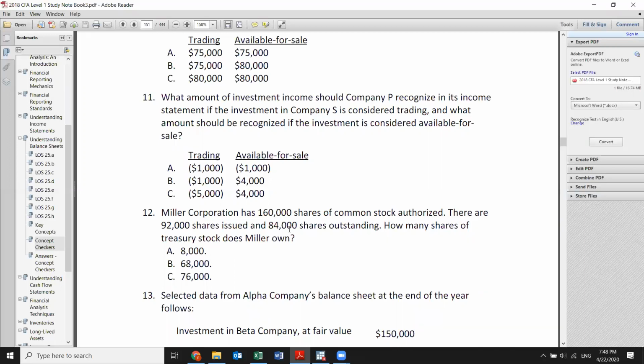If there is treasury stock, that means those are shares that were repurchased. So the number of shares issued in total is 92,000 and only 84,000 are outstanding, which means the difference between 92,000 and 84,000 was repurchased.